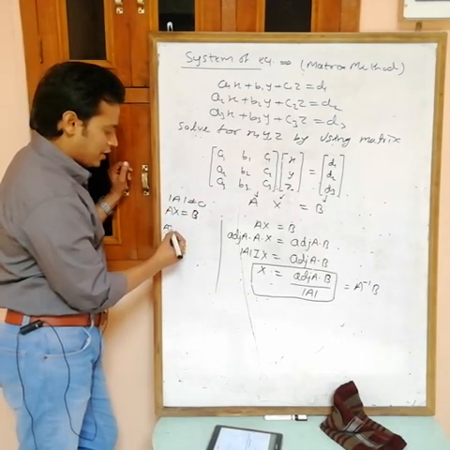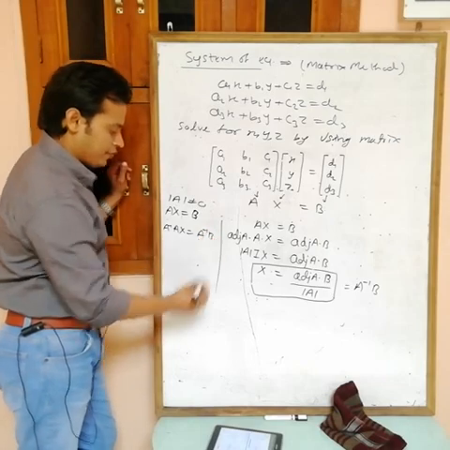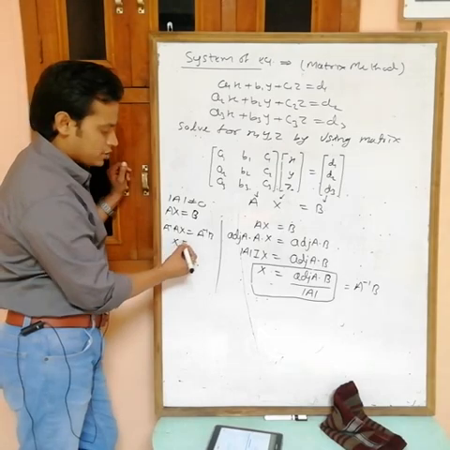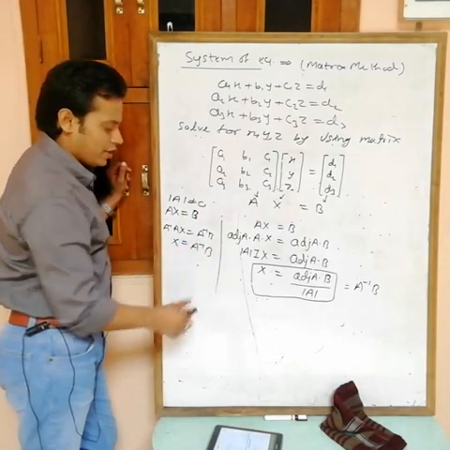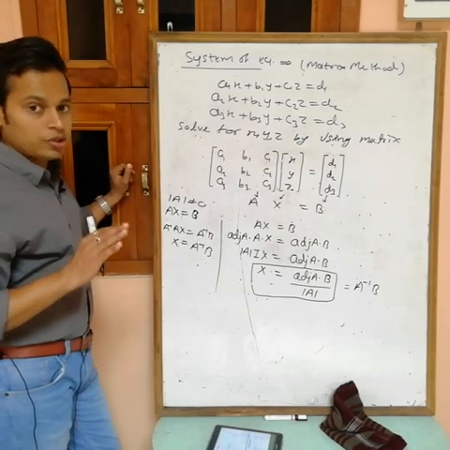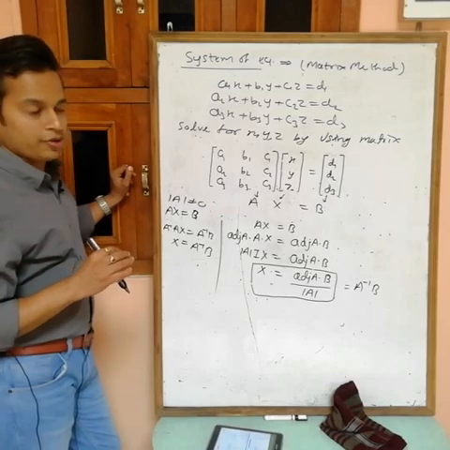Then multiply A inverse on both sides: A inverse AX equals A inverse B. Now A inverse into A is I, and I into X is X, so X equals A inverse B. Directly we are getting this also, but remember X equals A inverse B, not B into A inverse, because matrix product is not commutative.